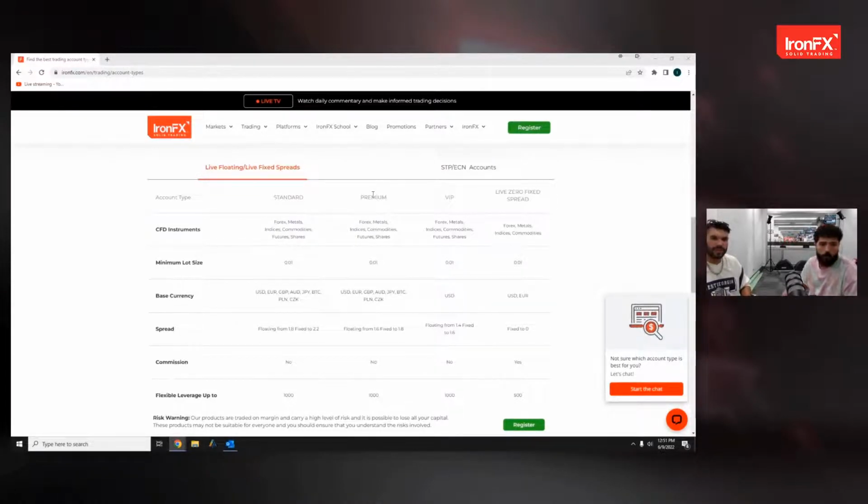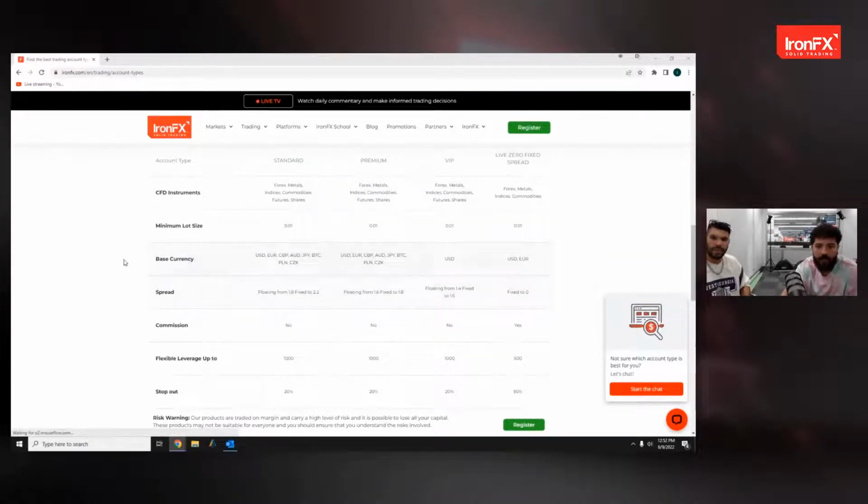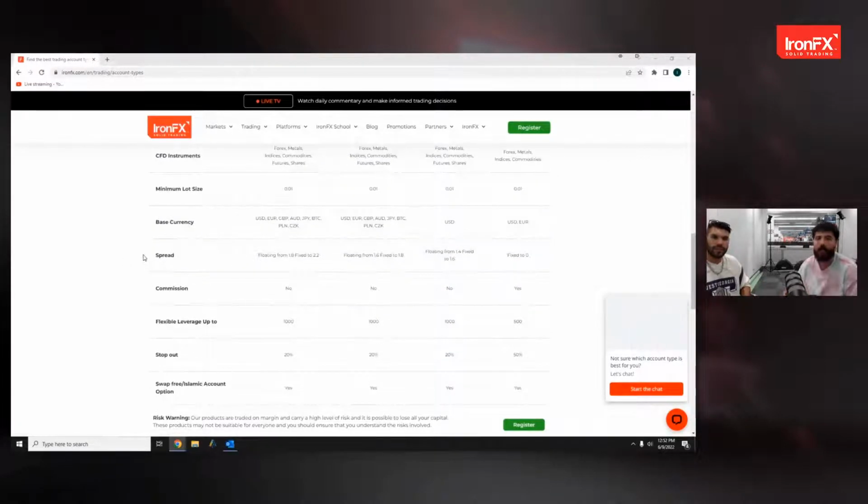We got the minimum lot size, which is 0.01. We have the base currency, which can be US dollar, euro, GBP, AUD, JPY, and of course BTC, Bitcoin. That's good.